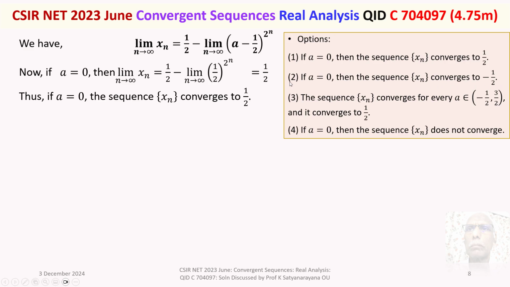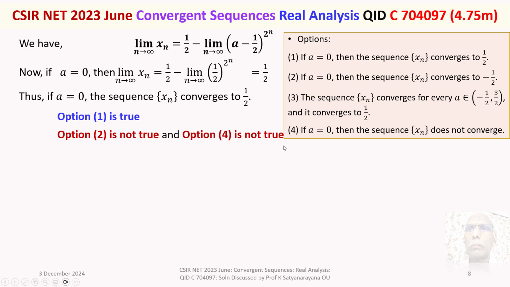Therefore, option 2 is not true. Option 4: if a is 0, then the sequence xn does not converge. No, it is converging to 1 by 2. Therefore, option 4 is not true. Thus, option 1 is true, and option 2 and option 4 are not true. We are left with option 3.